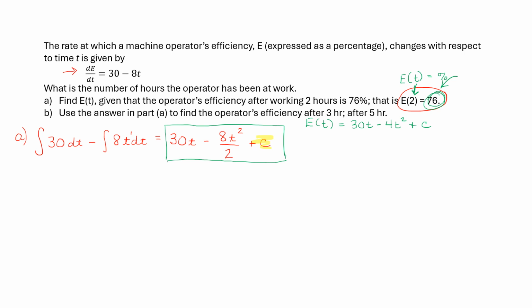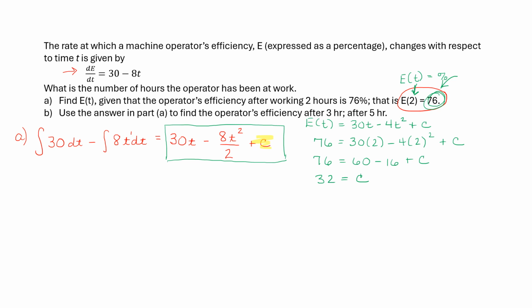So I'm going to substitute in the values that we know. So we have 76 is 30 times 2 minus 4 times 2 squared plus c. And our goal here is to solve for c. So we'll have 76 equals 60 minus 16 plus c, or 32 is equal to c.